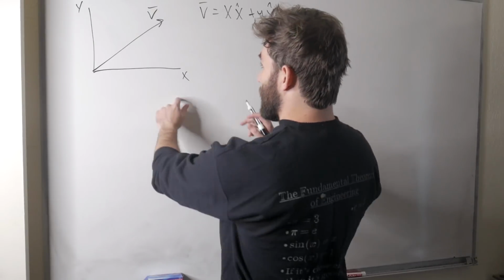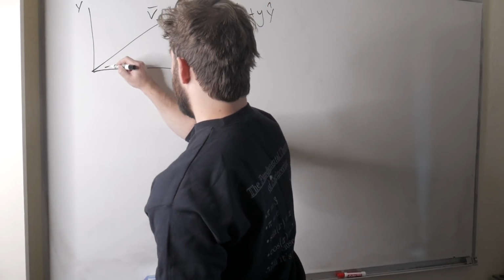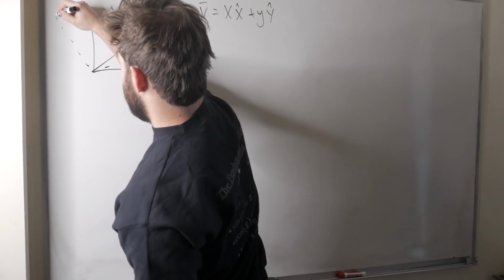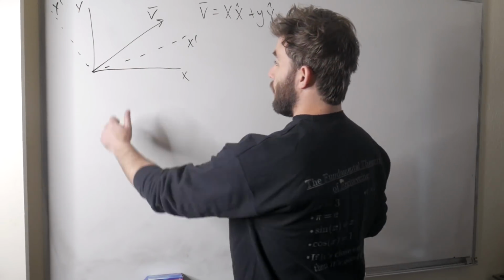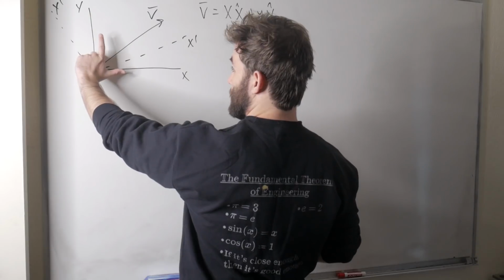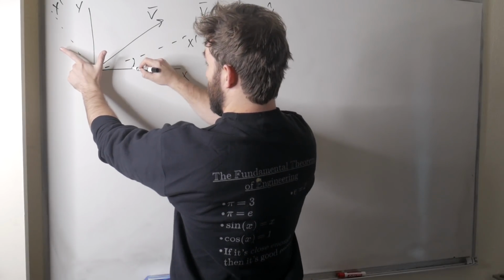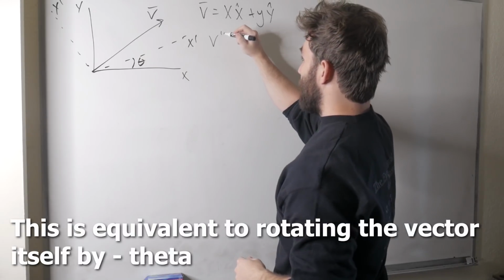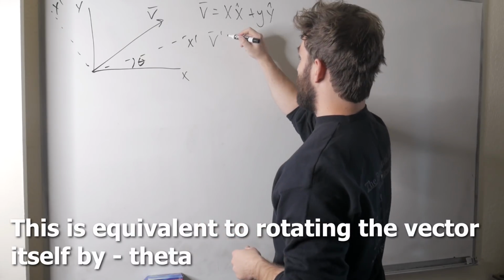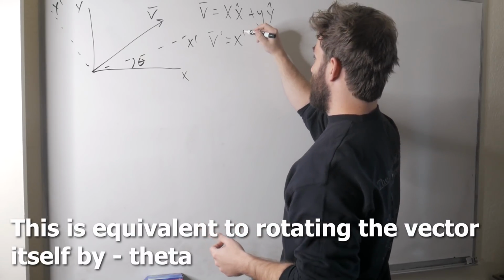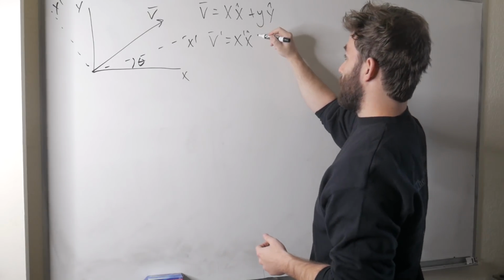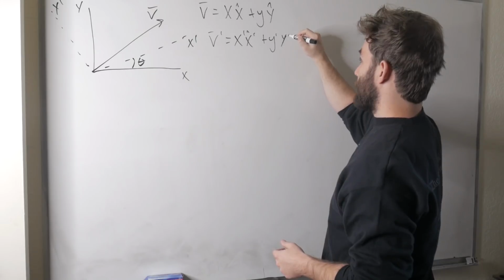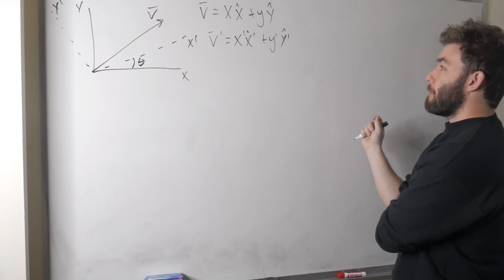So if instead of using x and y, we were to use some x prime and some y prime, where this is just saying we've taken our coordinate system and rotated it by some angle theta. So we would have in our primed frame, in our primed coordinate system, v would be some x prime times our new unit vector, x prime hat, plus y prime times our new y unit vector, y prime hat.